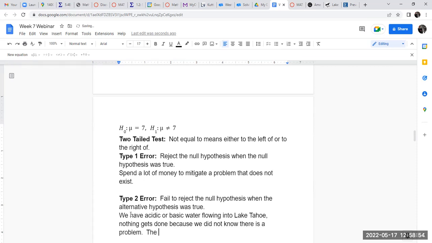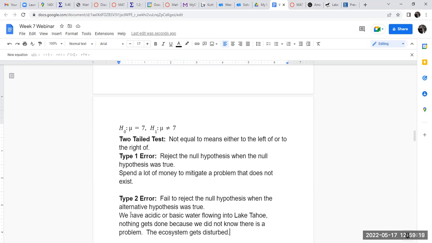The ecosystem gets disturbed. The lake life dies. Does that make sense? Okay, so you have to decide which is worse. Type 2 is worse. Probably 2.